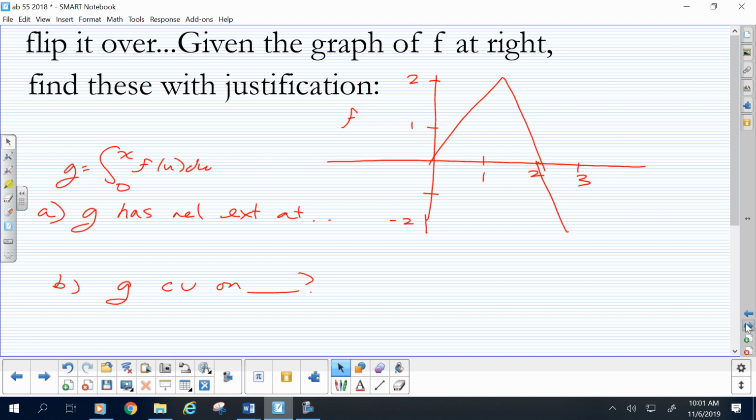This isn't drawn very well. Does it go through? It's supposed to. I'm going to draw this a little better.